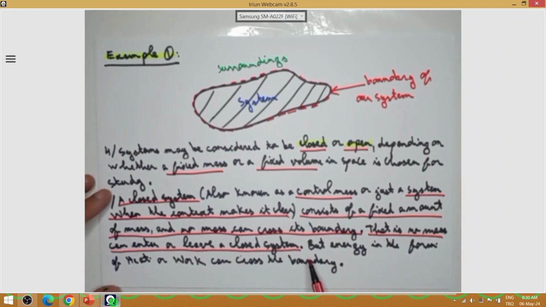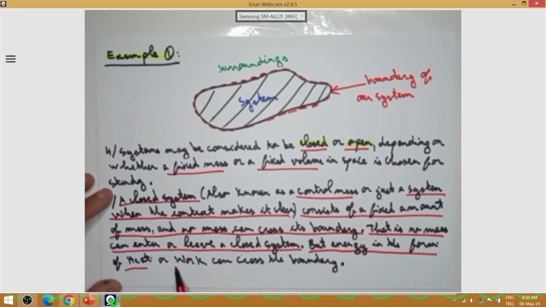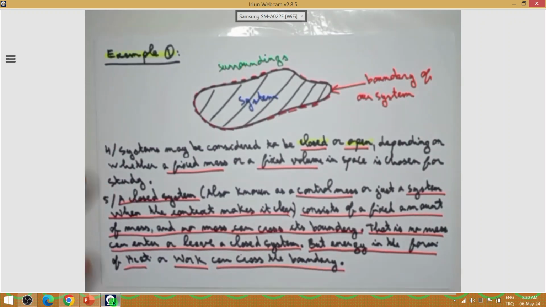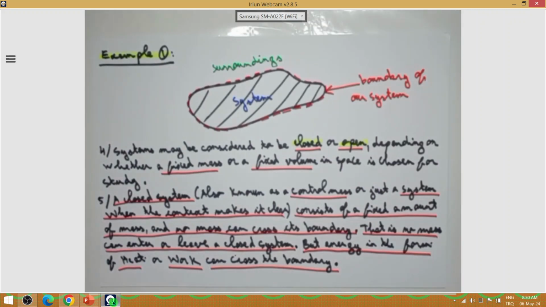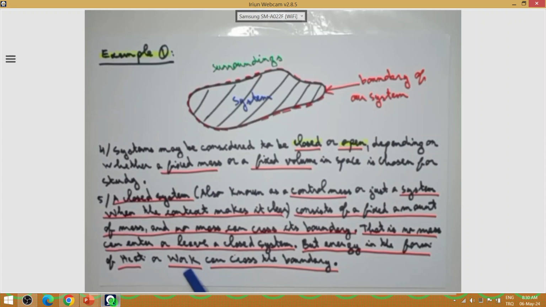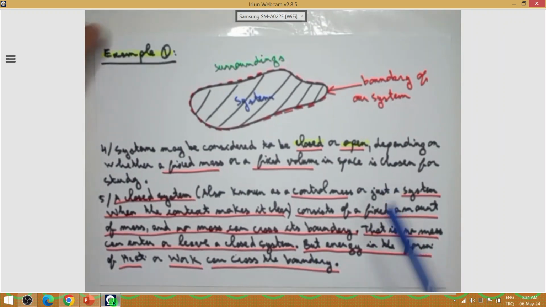But energy in the form of heat or work can cross the boundary. That is the main characteristic of a closed system: mass cannot cross the boundary, but energy in the form of heat or work can cross the boundary.